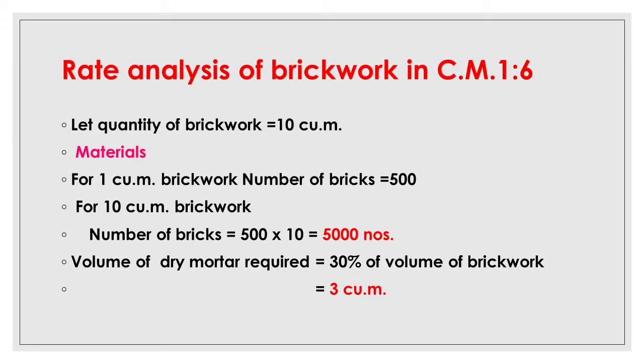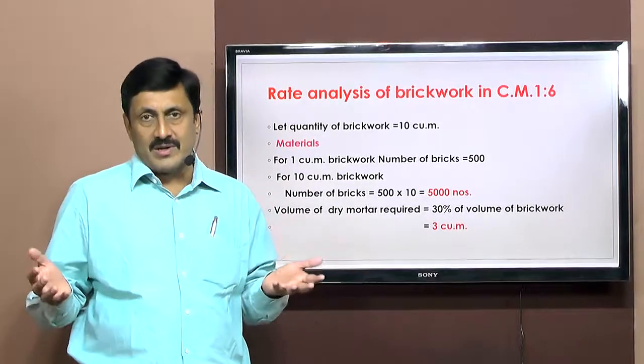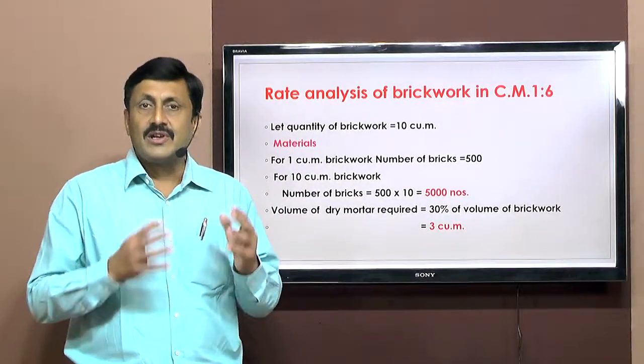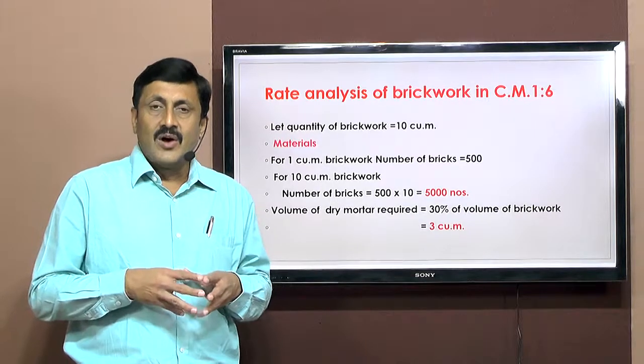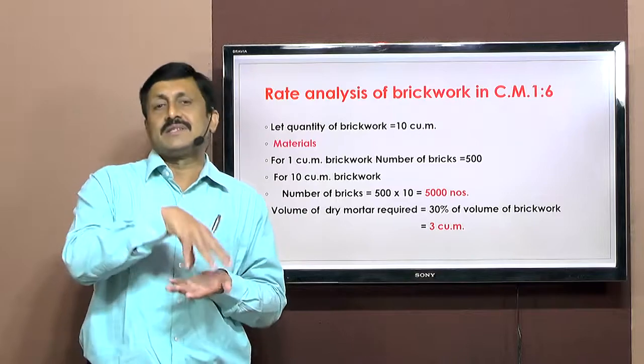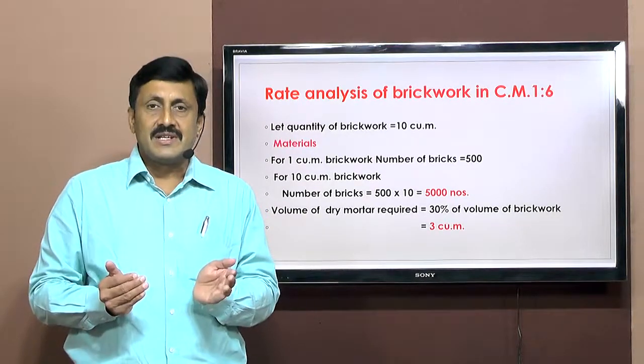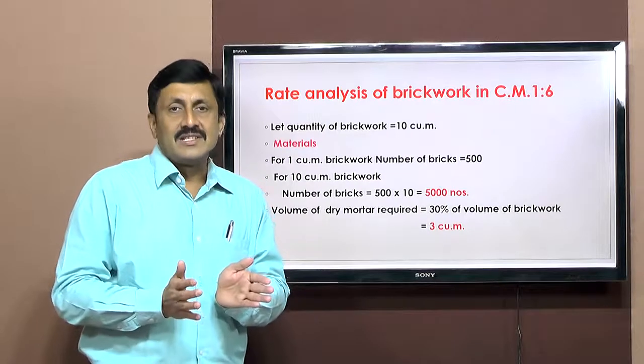Then the next materials which are required are cement and sand. For that purpose, we need to know first the volume of dry cement mortar which is required for this particular 10 cubic meter brickwork. Now, why volume of dry mortar? Because when we are going to prepare this cement mortar for brickwork, we'll be taking cement in dry state, we'll be taking sand in dry state.